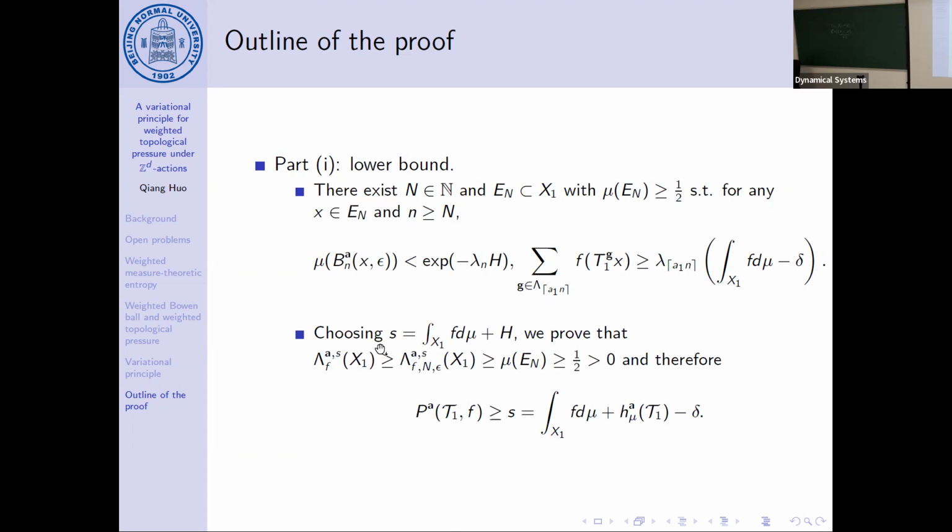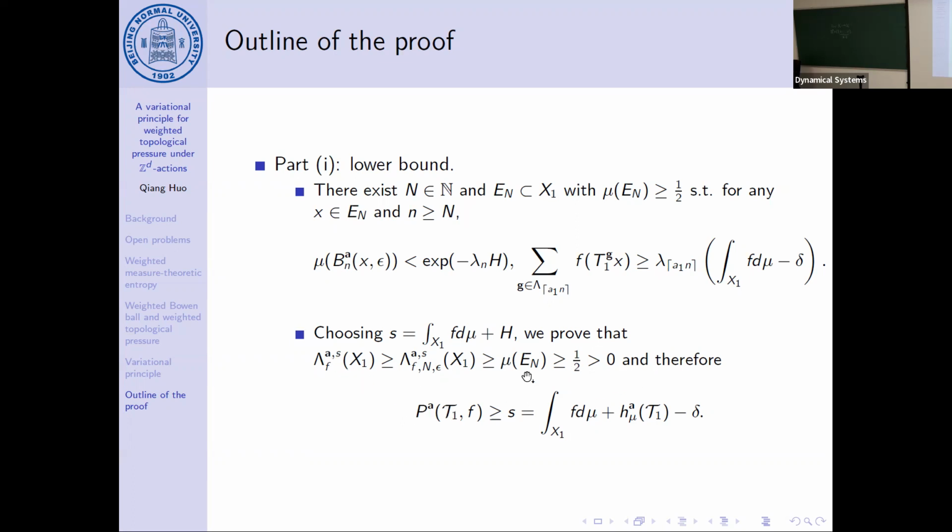And if we choose s equal to the integral plus capital H, denoted by the weighted measure-theoretic entropy, we will prove that this F-dimension measure is bigger than 0. Please recall that the weighted topological pressure is the critical value of s, where lambda jumps from infinity to 0.